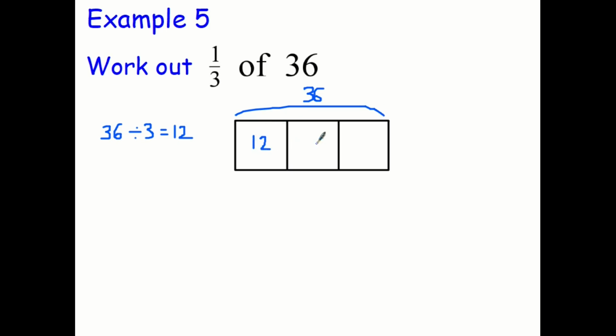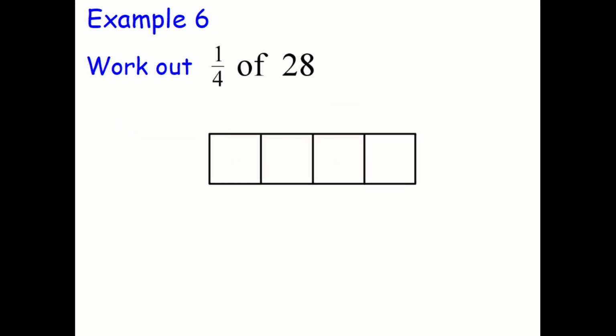What is each one of those pieces? It's got to be 12 in order to get back to that top value there. So one of those thirds there is 12.